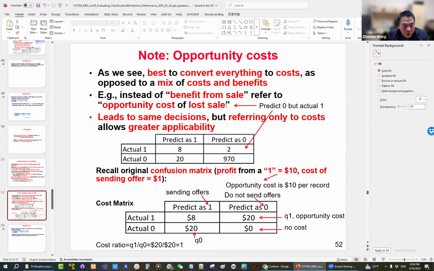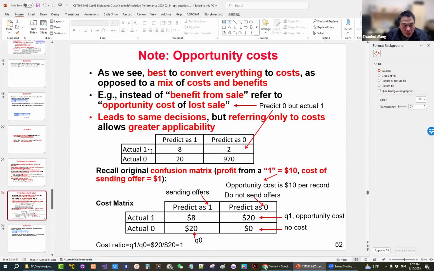So we can derive a new matrix based on the opportunity cost. So this will be more applicable in a situation.